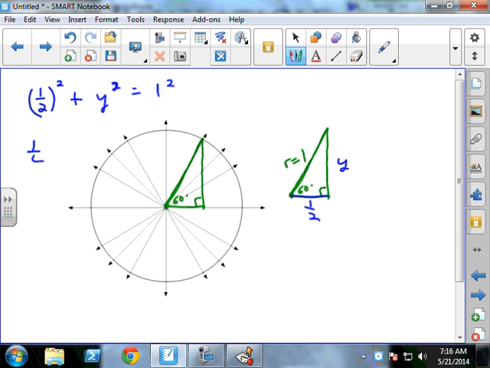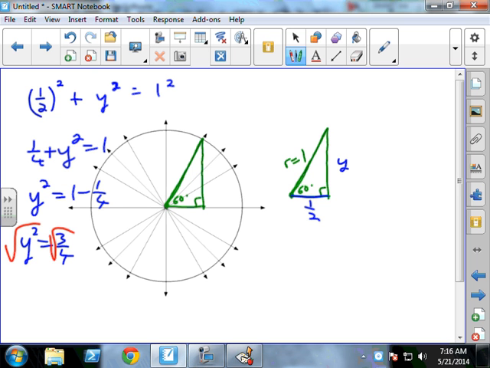So we get 1/4 plus y squared equals 1. So we get y squared equals 1 minus 1/4. So we get y squared equals 3/4. So we take the square root and we take the square root and we get y equals the square root of 3 over the square root of 4, which is the square root of 3 over 2. Square root of 3 over 2.